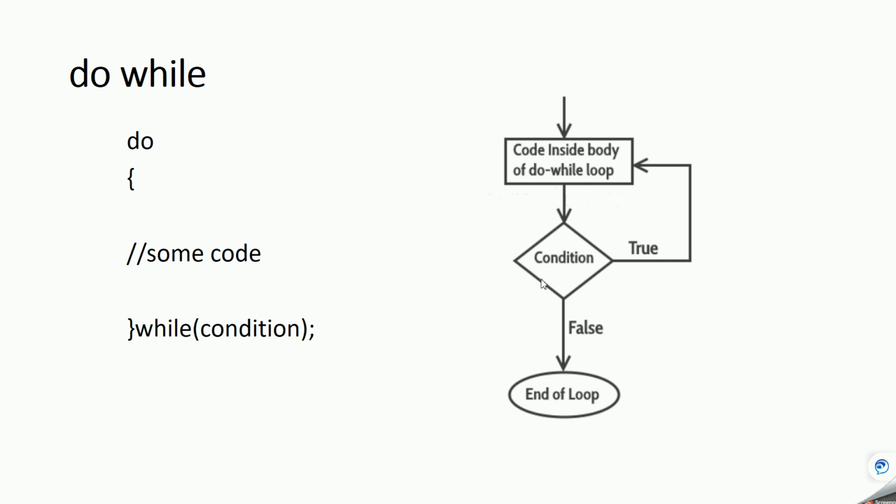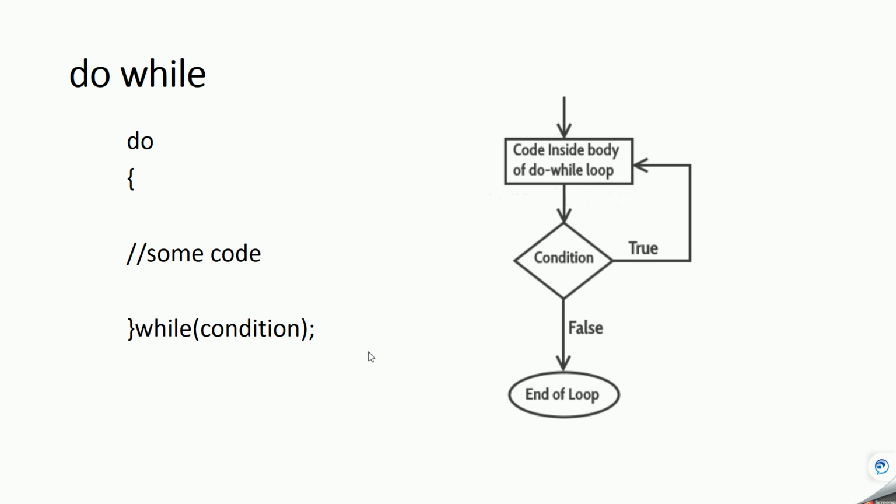If this condition becomes true, then control will go here again, and whatever code is written in these lines or block will get executed. This condition checking will be there again and again, and if this condition becomes false, then it reaches the end of the loop, means it will stop the execution.